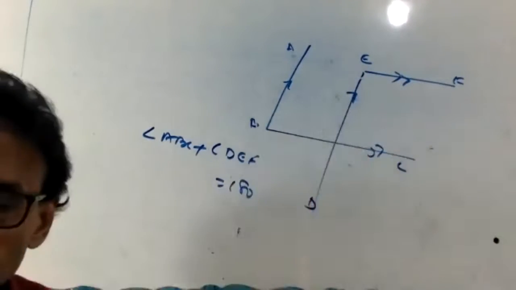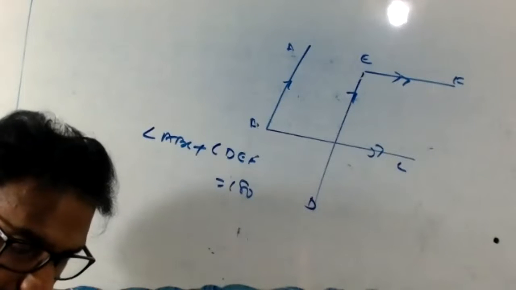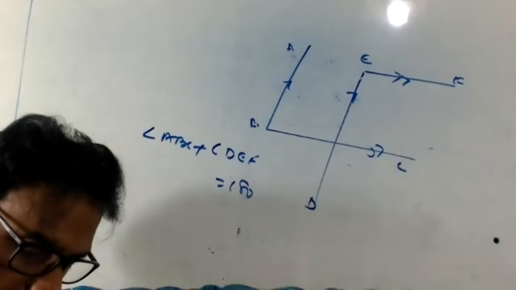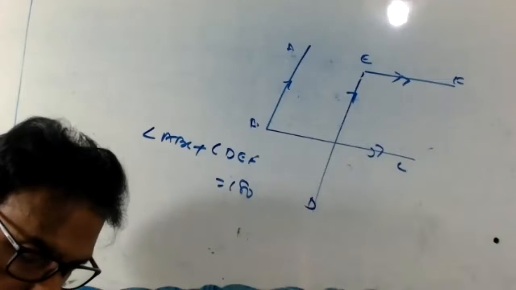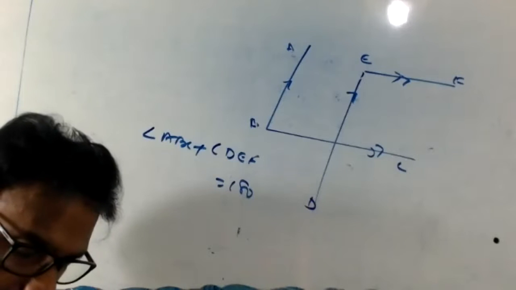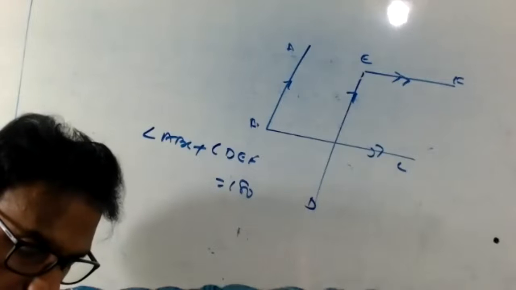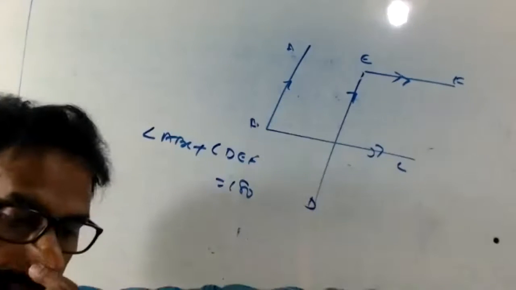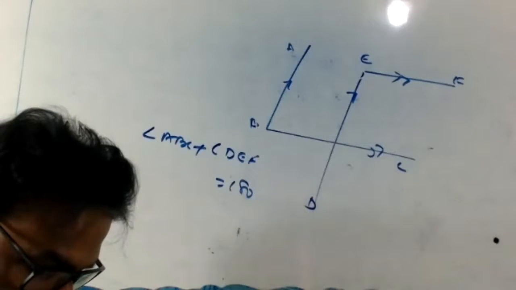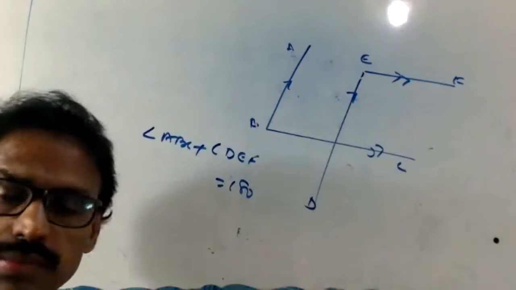Show that ABC plus DEF equal to 180 degree. Okay, try now. Question understood now?